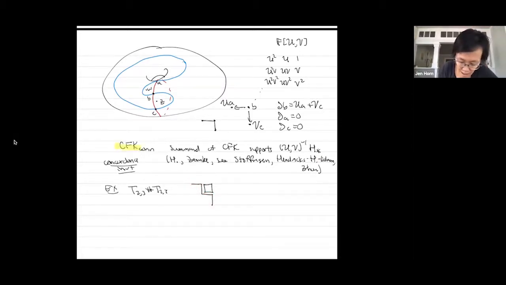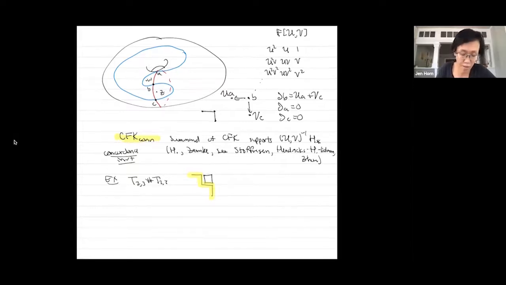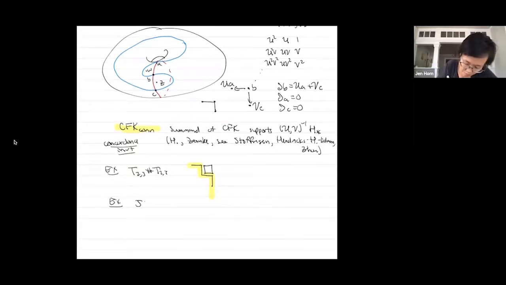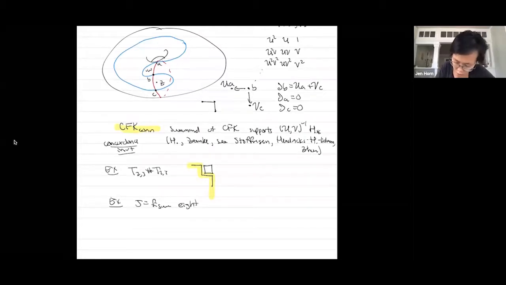So CFK connected is the summand that supports this localized homology, and it's this part. So that part is a concordance invariant. And this is not. So maybe another example, if you look at the figure 8, well, it's knot Floer complex.